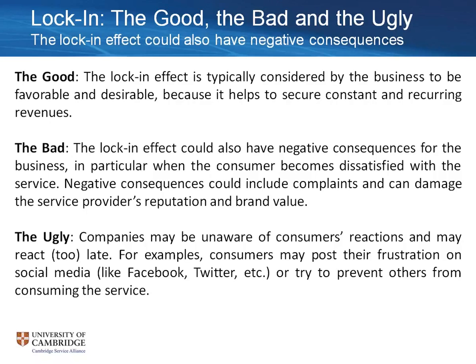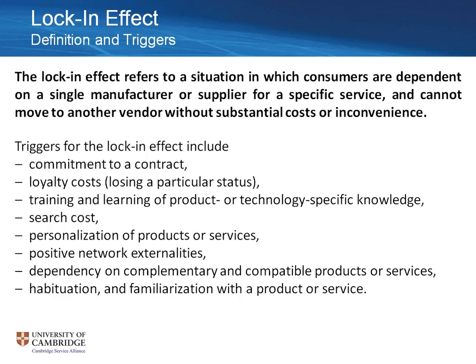Second vignette, another text, described the usage of the service, and in which we manipulated the strength of the lock-in. So half of the people were in a situation with a very strong lock-in effect. Again, this comes to the triggers here on the second slide. So they're bound to a contract, they are in a loyalty program. Many of their friends are using the same service, so they are in this network with their friends.